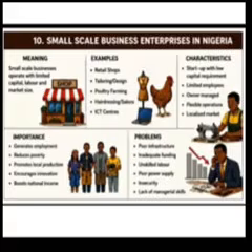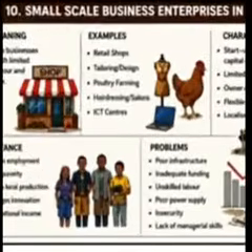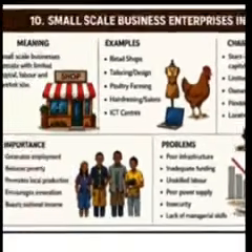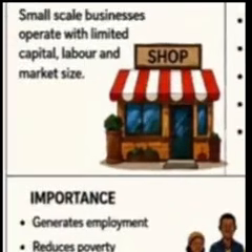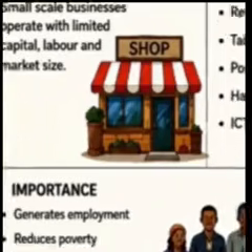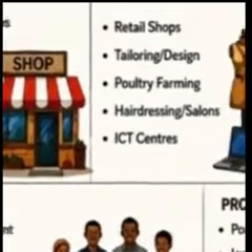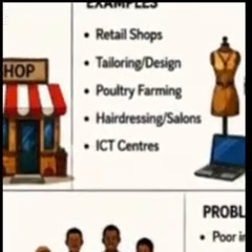Okay, the third aspect has five basic divisions. The meaning of small scale business enterprises in Nigeria. We have examples, we have characteristics, we have the importance, we also have the problems.